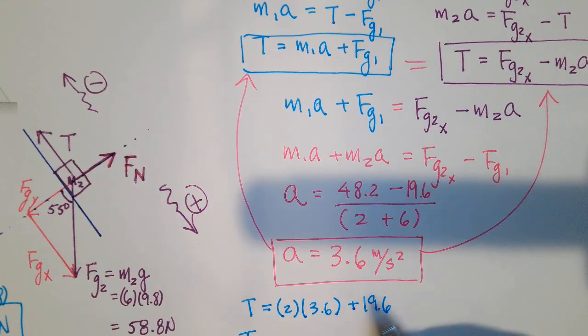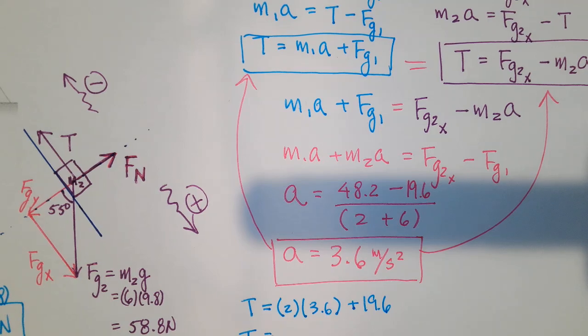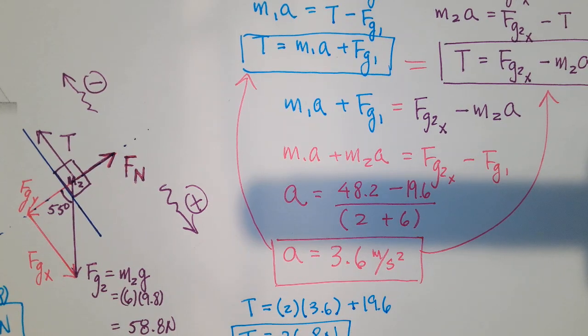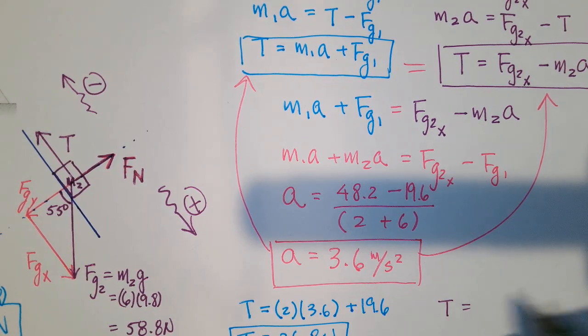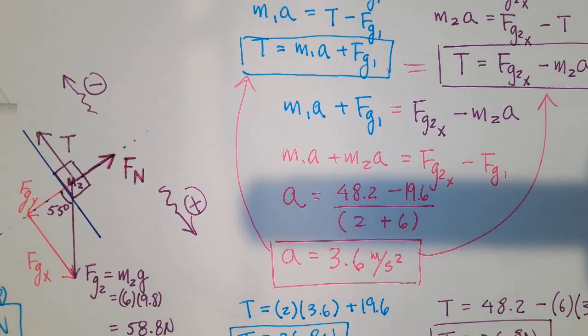So my tension should come out to 26.8 newtons. As well, on this side, tension is equal to Fg2x, which is 48.2, minus 6 times 3.6. And that should still come out to 26.8 newtons. Doesn't matter.